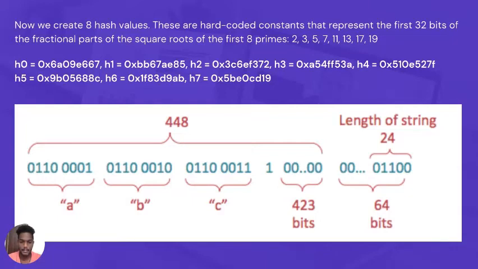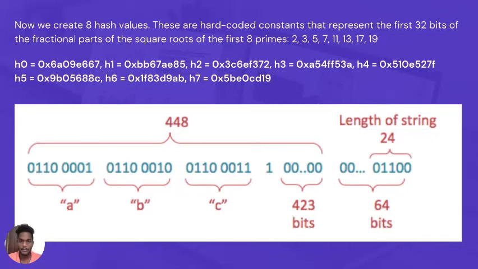ABC are written in binary as I said before, and one is appended at the end. So the length will be 25. So we'll be adding 423 zeros at the end of the message for the padding. So the overall length will be 423 plus 25, that is 448.